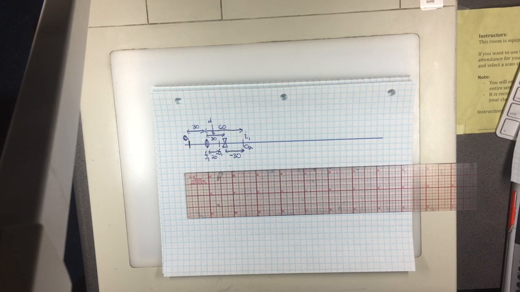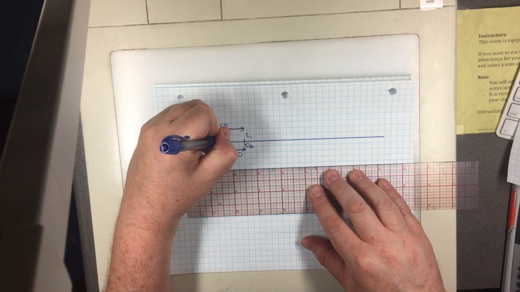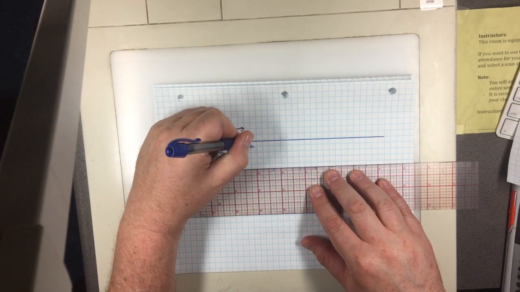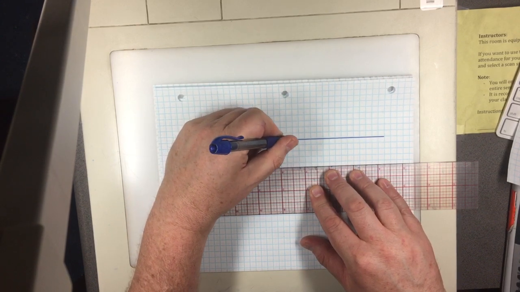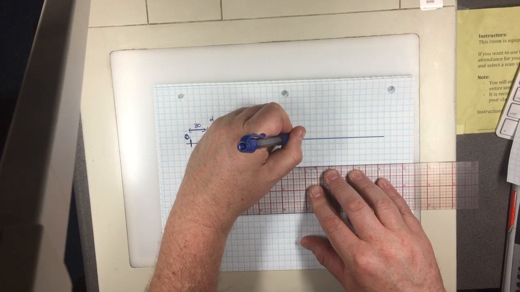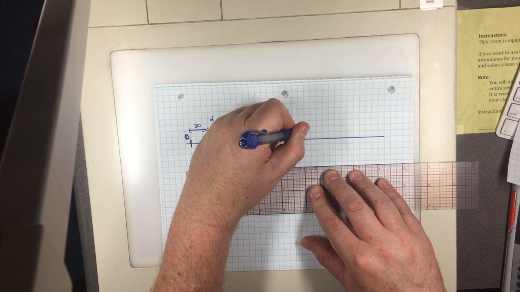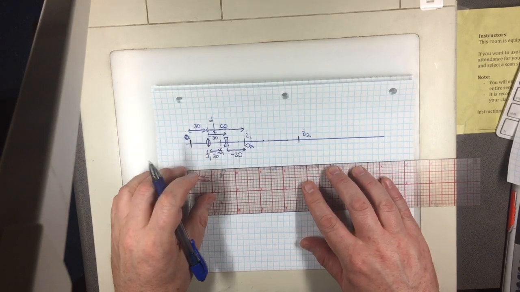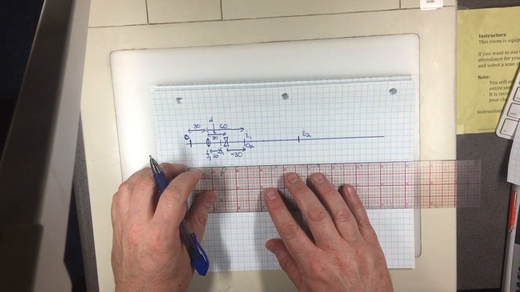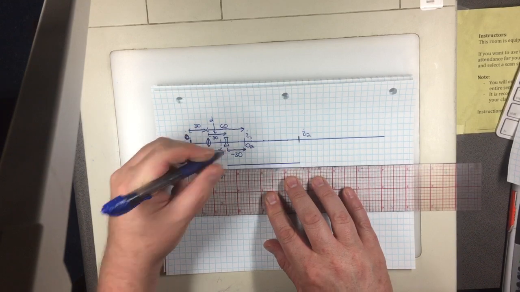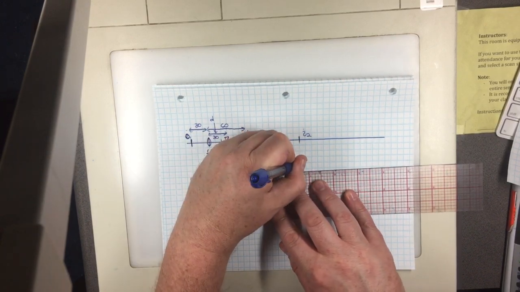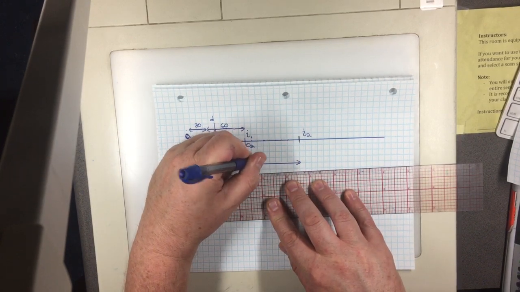The image distance from 2 is 120. So 1, 2, 3, 4, 5, 6, 7, 8, 9, 10, 11, 12. And so I2 is there, and I2 is positive 120.